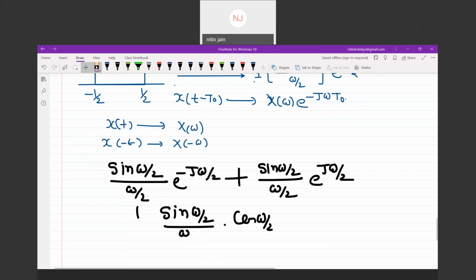Okay, so I can multiply this by 2 and divide by 2. 2 sine a cos a, it is sine 2a.